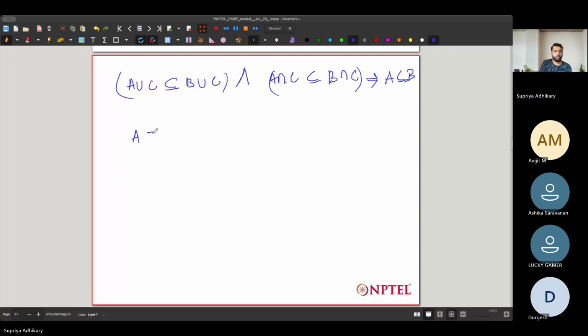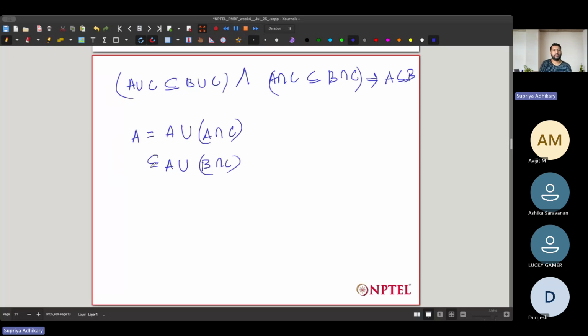Now, what we can say is that A can be written as A union (A intersection C). Now this is a subset of A union (B intersection C). Why?